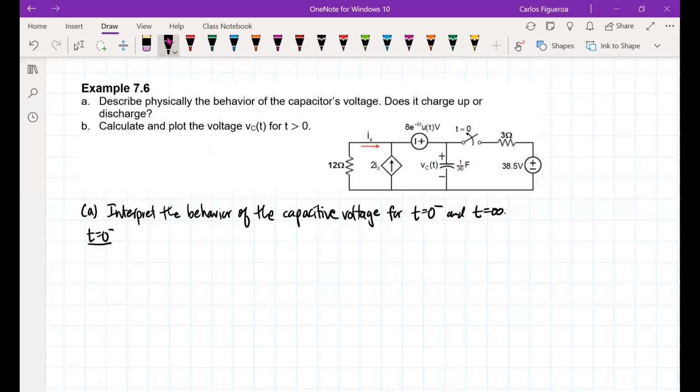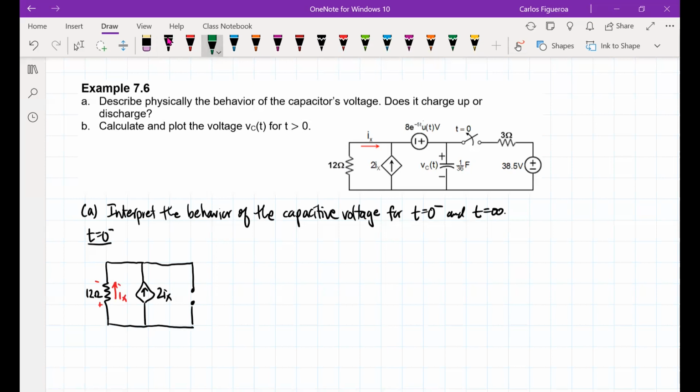There is a voltage source and there is a dependent source. So when I look at the circuit, it looks something like this. I have my 12 ohm, I have my 2ix, and I see that ix is in that direction, which gives me a polarity like that. Then there is no exponential source, but the capacitor has now reached steady state.